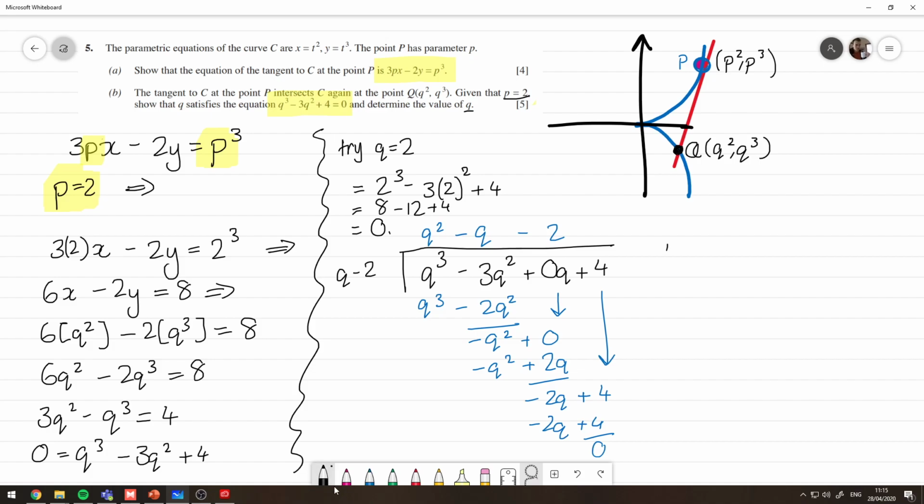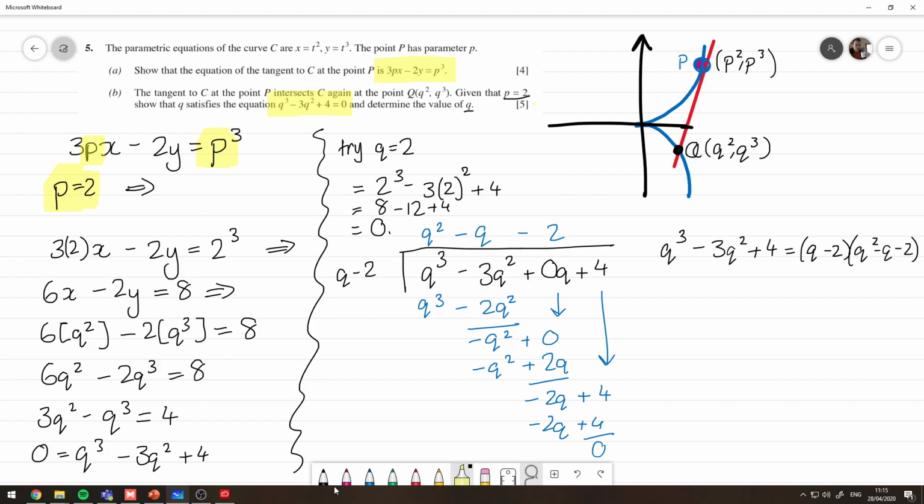So what I've just worked out is my cubic equation can be expressed as q minus 2, q squared minus q minus 2.